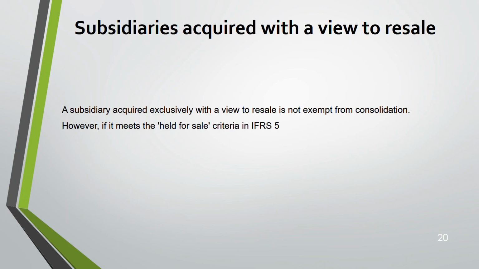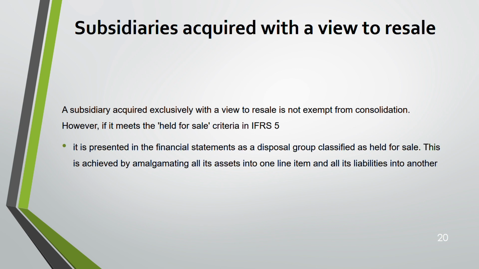Next, we have subsidiaries that are acquired with a view to resale. When you have a subsidiary that you have acquired for resale, it is not excluded from consolidation. You have to still consolidate, right? If it meets the held for sale criteria according to IFRS 5, then this is how you have to deal with it.